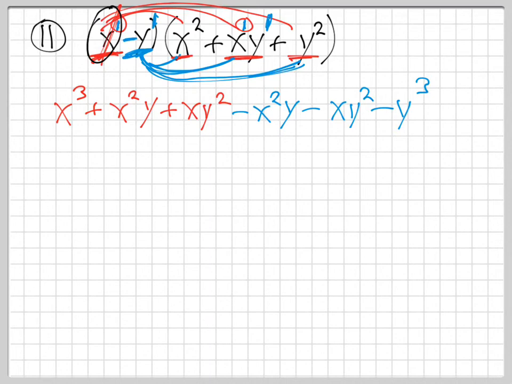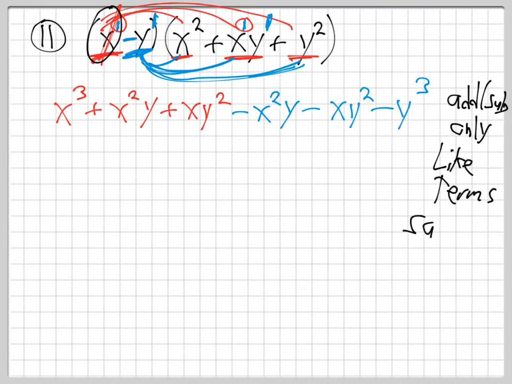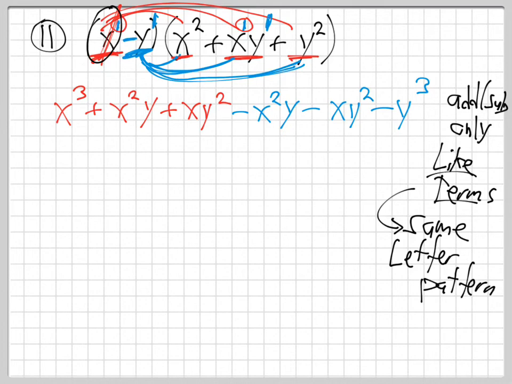Okay, now the multiplying is over, right? We're done multiplying. No more parentheses. We're in adding, subtracting mode. When you add and subtract, remember it's only like terms. What's a like term? Same letter pattern.